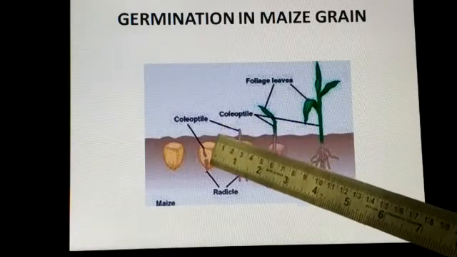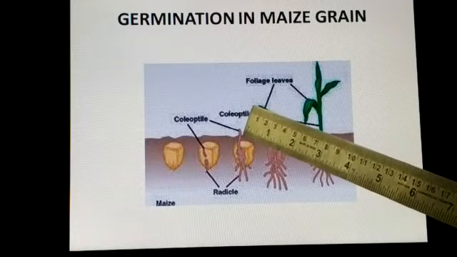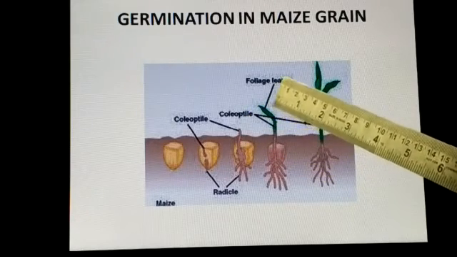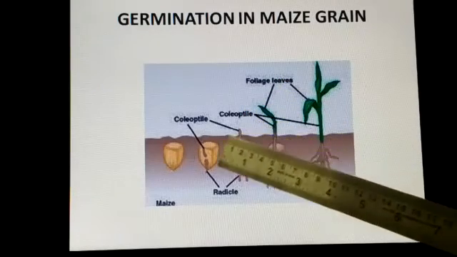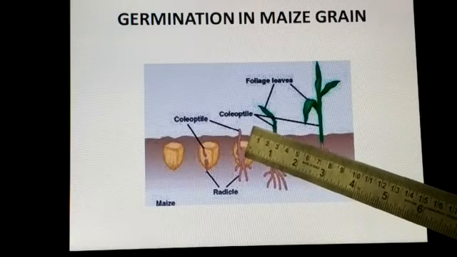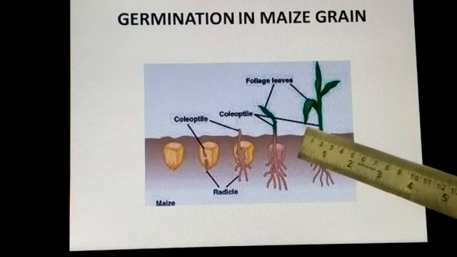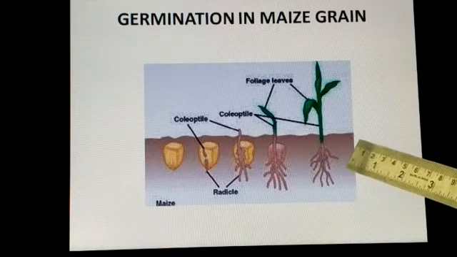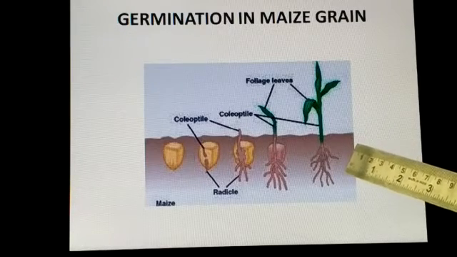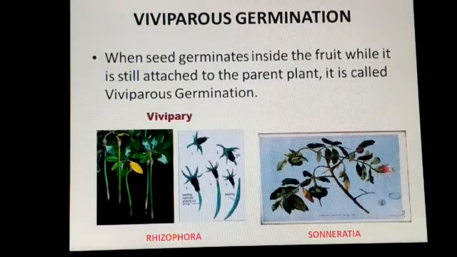Here the radicle and plumule had started growing, and here the epicotyl grew more, taking the leaves, and therefore leaves are growing more, forming the leaves here. Epicotyl has grown more, therefore cotyledon remains under the ground, and hypocotyl is still very short, and immediately roots are formed from the radicle. Right? So, germination in maize grain is what kind of germination? It is hypogeal germination.